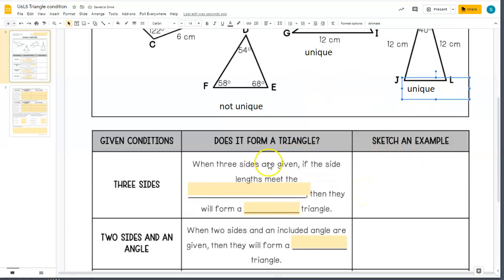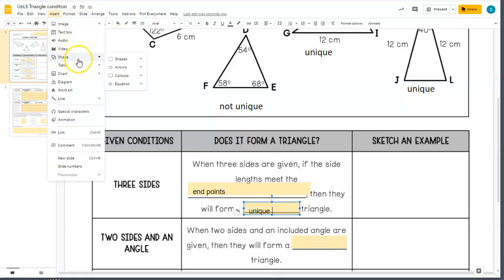Alright? So, when three sides are given, if the lengths meet at the endpoints, then they will form a unique triangle. And so we can just sort of sketch a triangle in there.